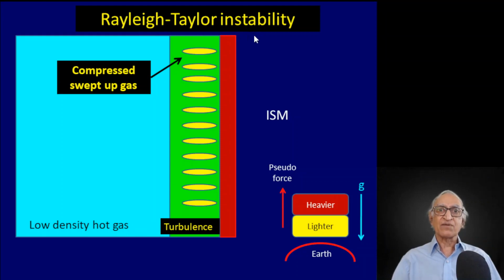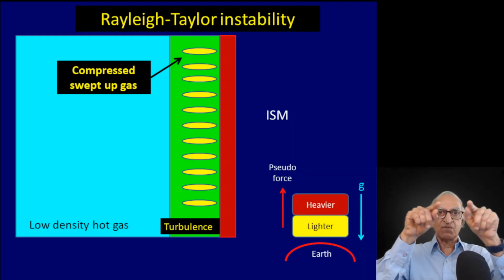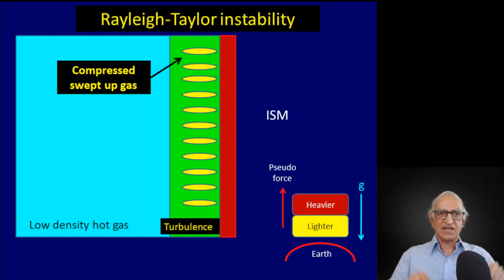One example of that is when you heat a pot of water. Initially, heat from the bottom to the top is by conduction, and the water is very quiescent. Afterwards, when the temperature gradient exceeds a certain critical value, you see convective cells form. Hot bubbles rise up and cold bubbles come down, and this is known as Rayleigh-Taylor instability. Well, the purists will question this. They'll say this is really not Rayleigh-Taylor instability, but for our purpose, this is good enough.